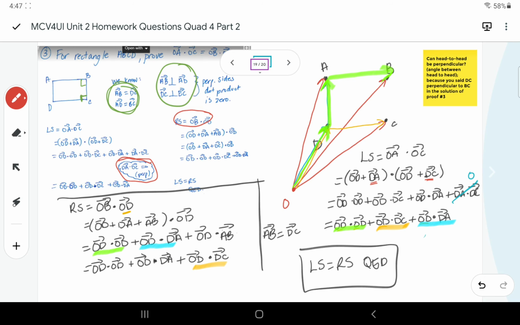To get OB starting with OD, you had to go along, like what I did with this green highlight, two edges of the rectangle. So I had to do OD plus two edges. And here to get OA, it's OD plus one of the edges of the rectangle, and same for OC.